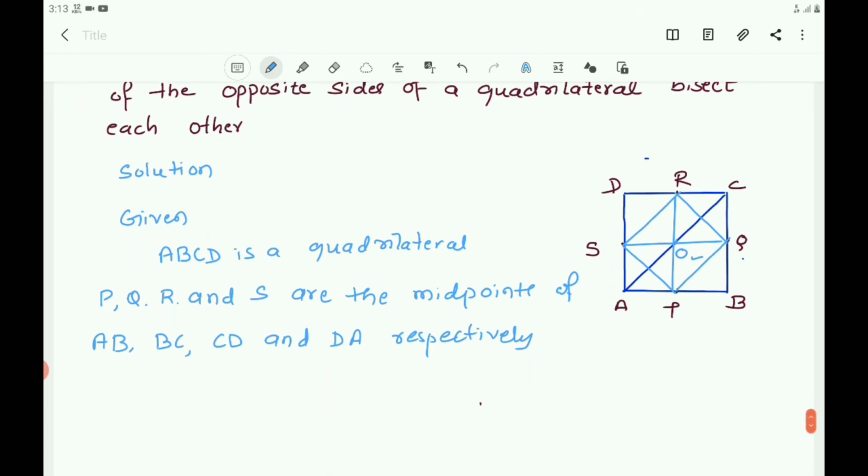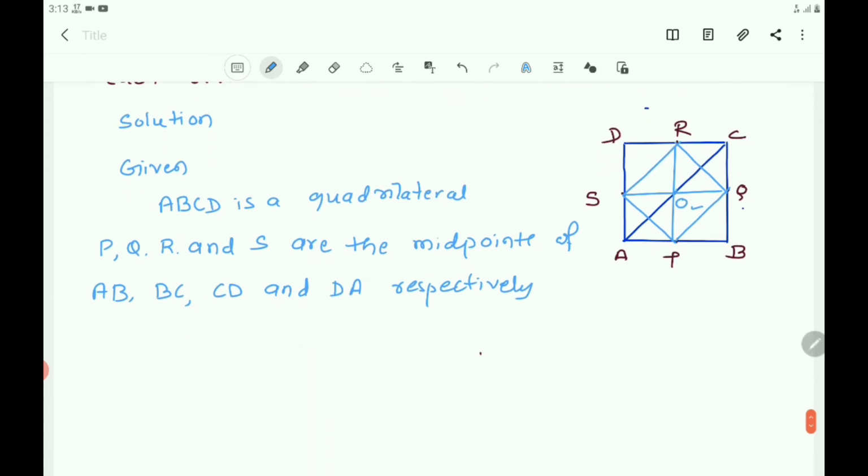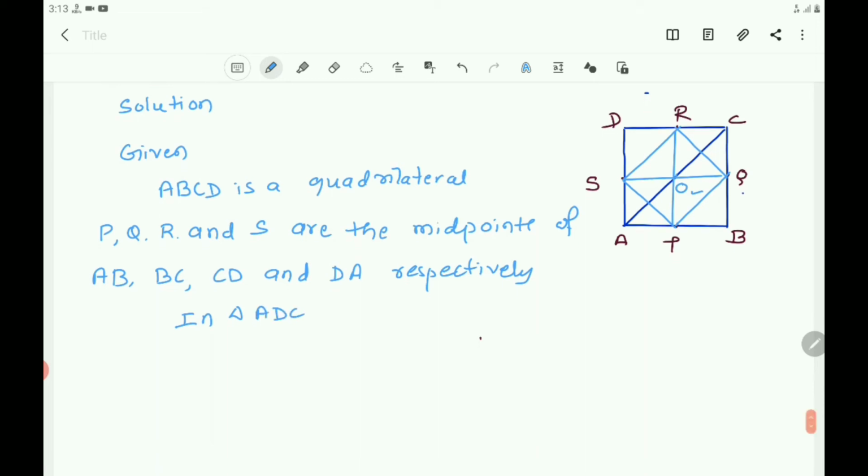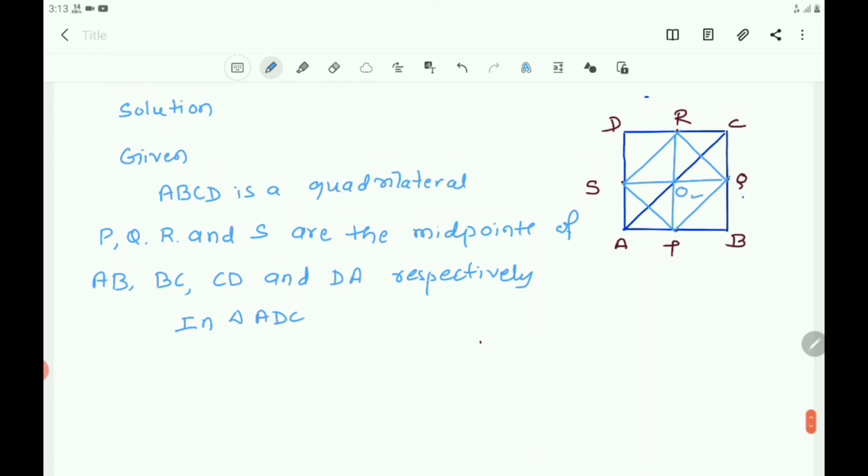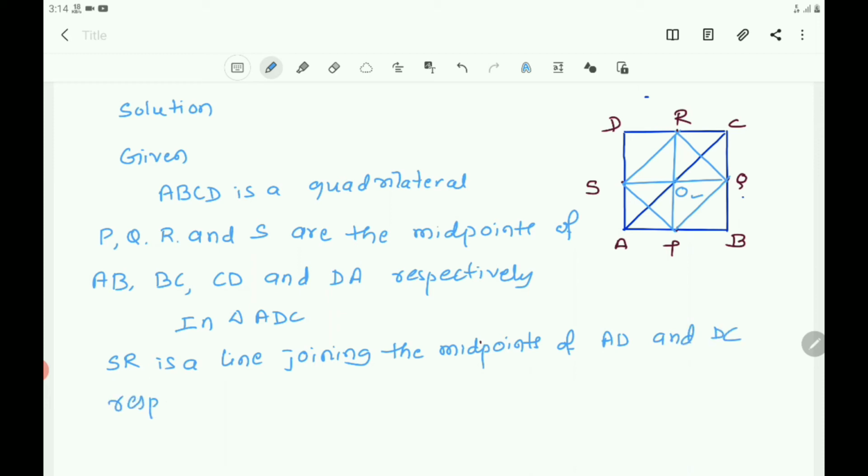Now you take the triangle ADC. In triangle ADC, SR is a line joining the midpoints of AD and DC respectively.